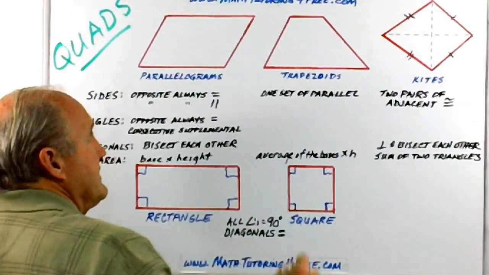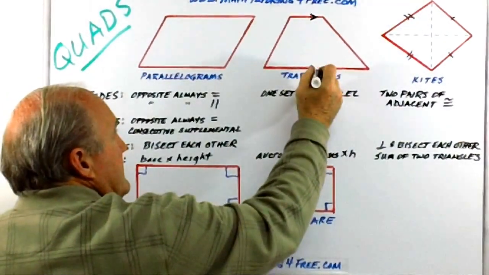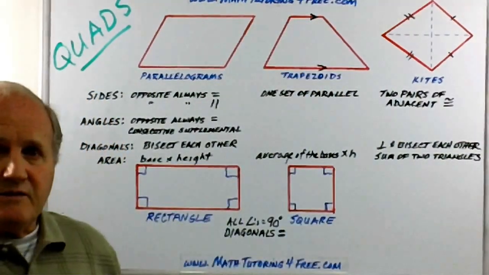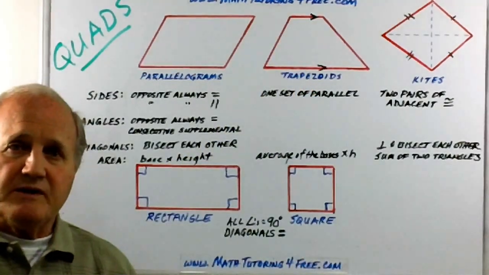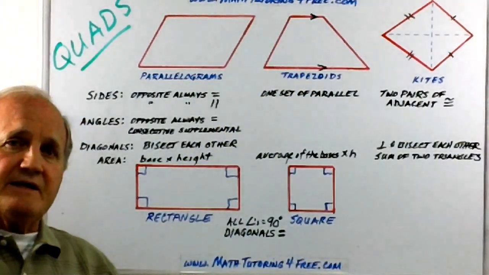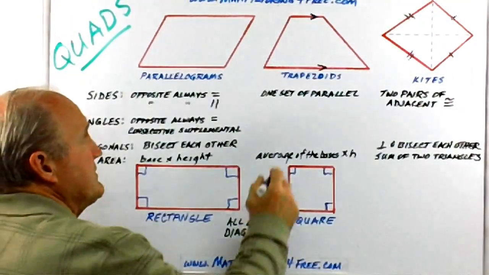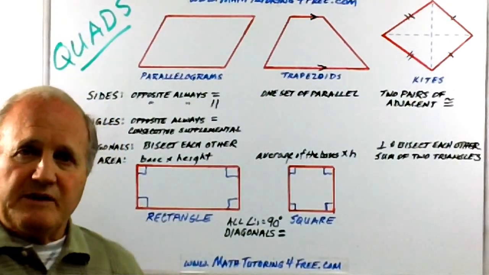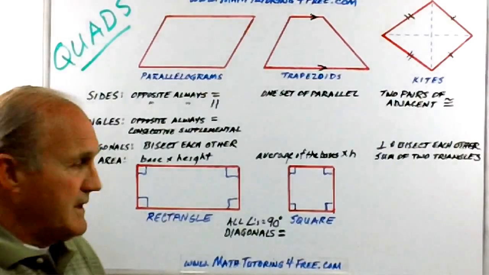But the one set of parallel sides, we would indicate that with arrows on each of these. And the unique thing about them too, because they have two parallel sides that act as what you'd consider the bases, what you have to do is take the average of the bases and then multiply it times the height in order to get the area.